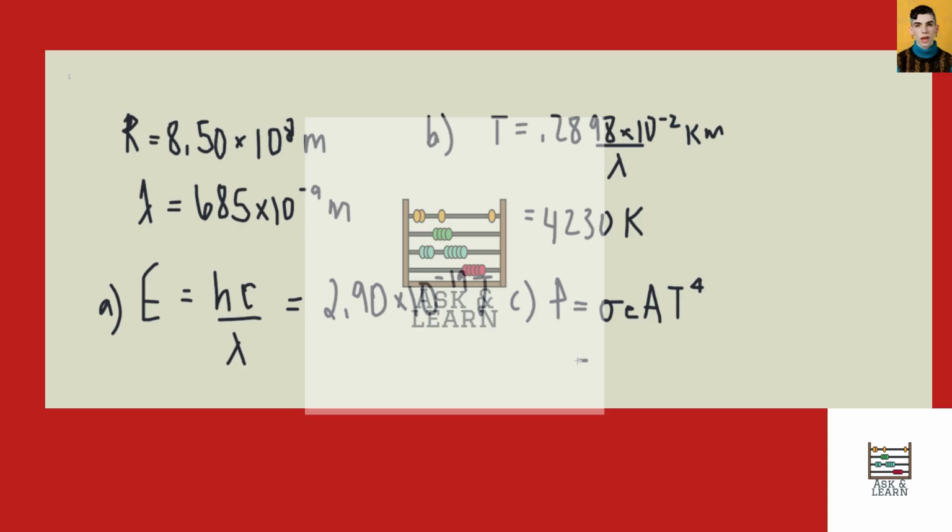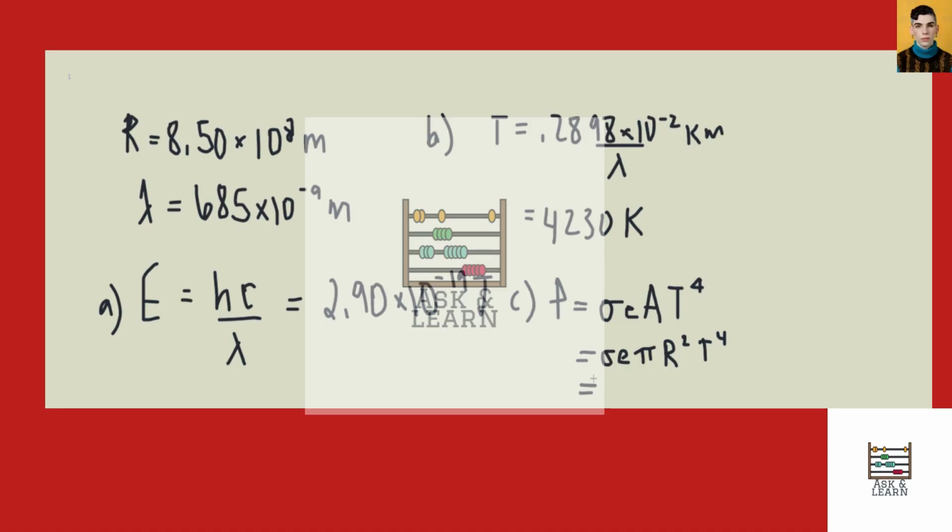And so this sigma is equal to, oh, I have to pull up the chapter again. 5.6696 times 10 to the minus 8. Emissivity is 1, and A is the surface area, so that's going to be pi r squared. So sigma E pi r squared.